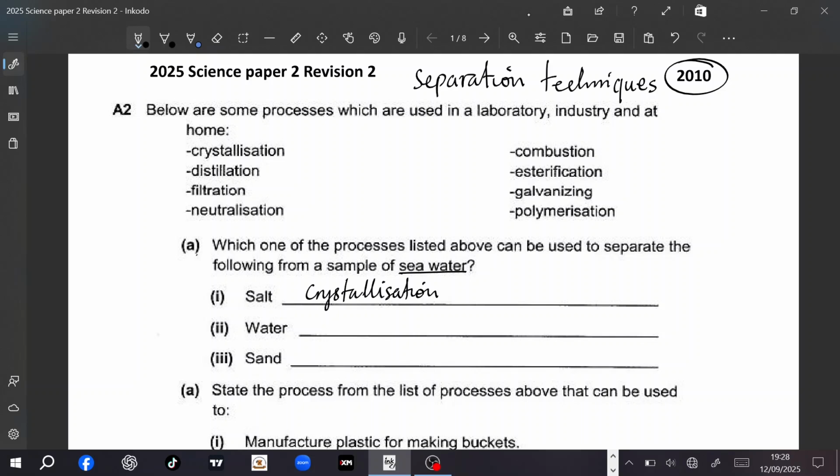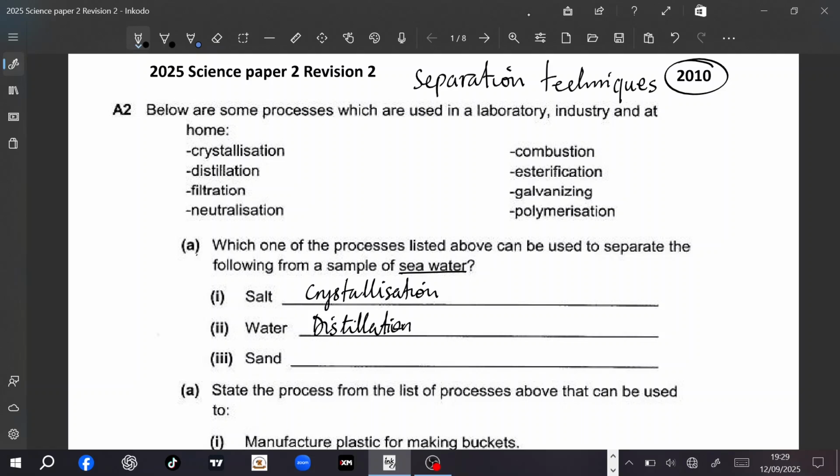Of all the methods provided here, you can use distillation, the process which involves evaporating the water and cooling it later. It involves evaporating and then condensing the vapor back into water in a Liebig condenser.